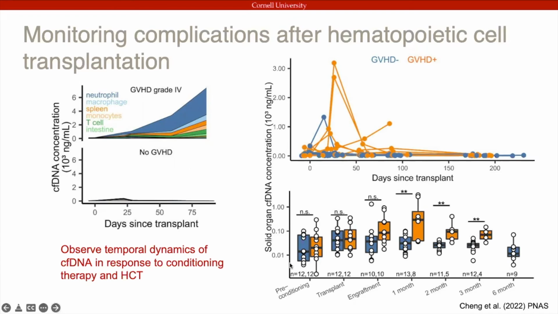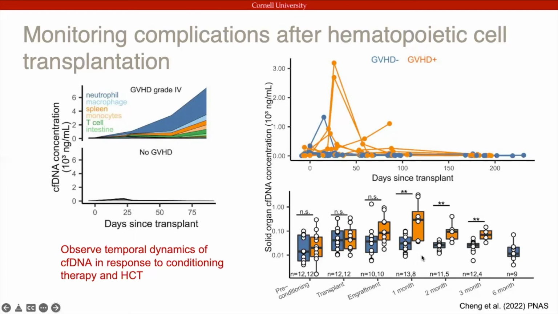So here we're just looking at a subset of the cell-free DNA concentration and only the solid organ fraction. We can see that in the 3 pre-transplant time points, there's really no difference in the solid organ fraction between GVHD positive and GVHD negative individuals.